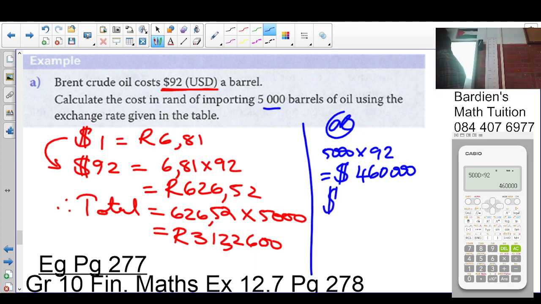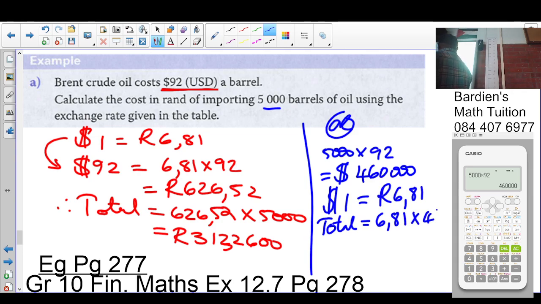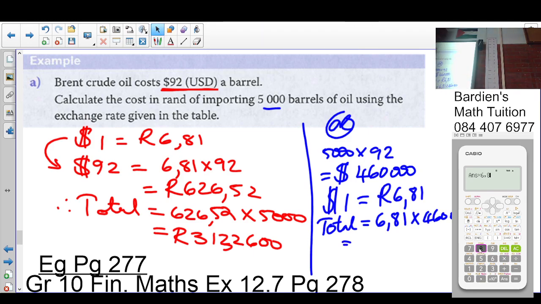So $1 is equal to 6 rand 81 cents, therefore the total is 460,000 times 6.81, which gives you 3,132,600 rands.